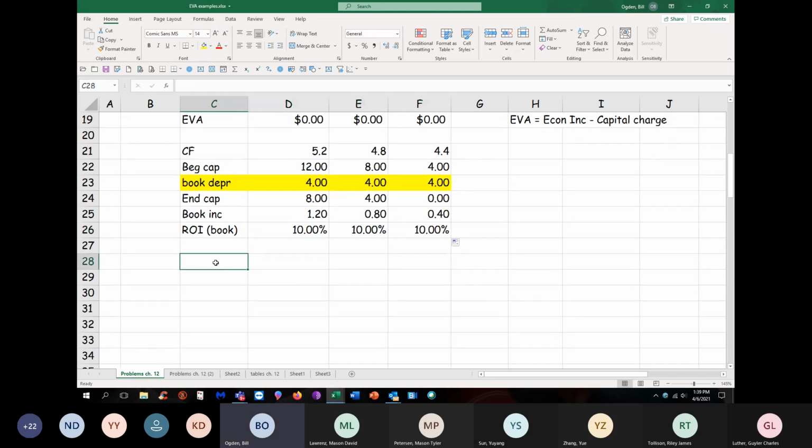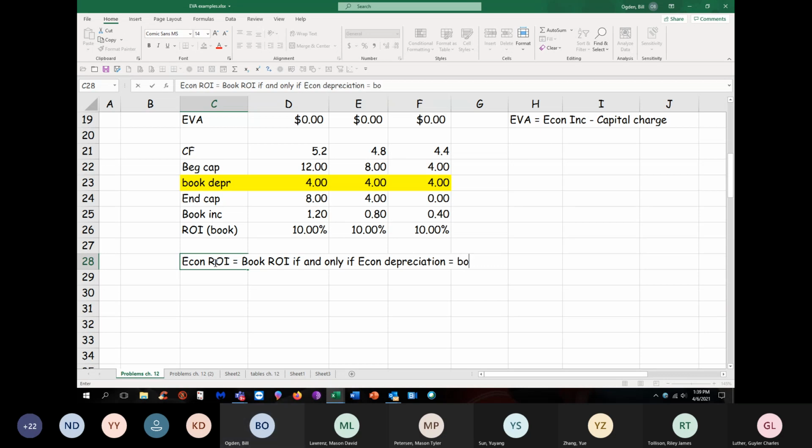Okay. And what we have just discovered, whether we knew it or not, is that econ ROI equals book ROI if and only if economic depreciation equals book depreciation.